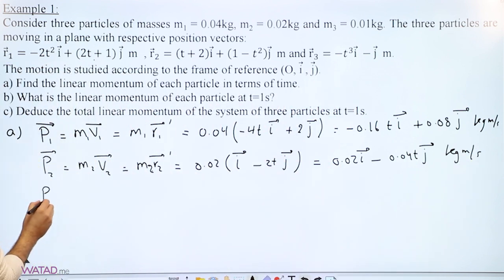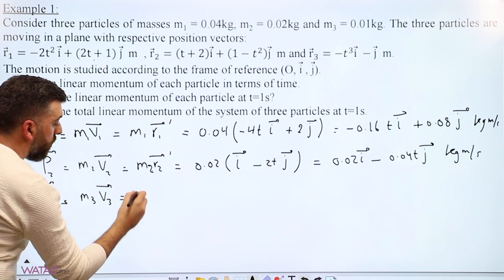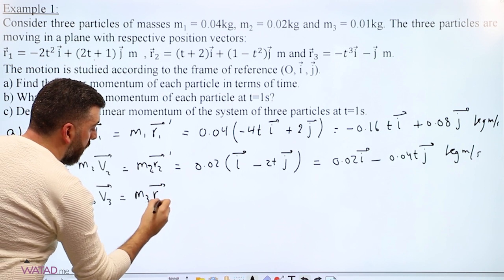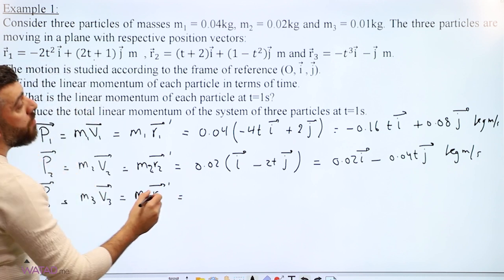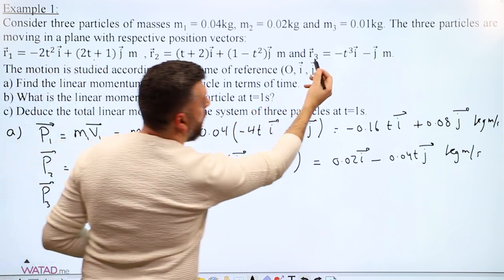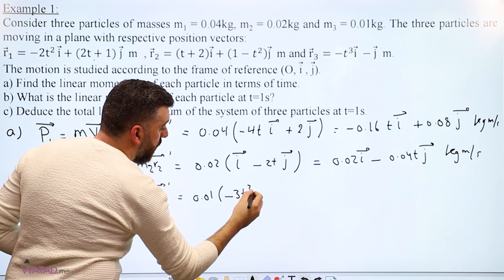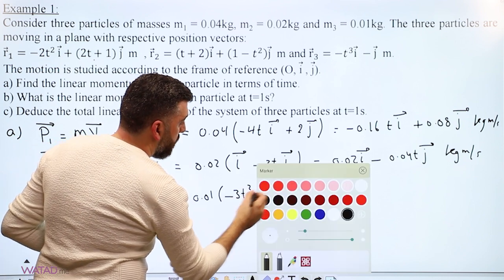Now for p3, it's m3 times v3. It's equal to m3 r3 prime. m3 is 0.01 times the derivative of r3, minus t cube becomes minus 3t square i.